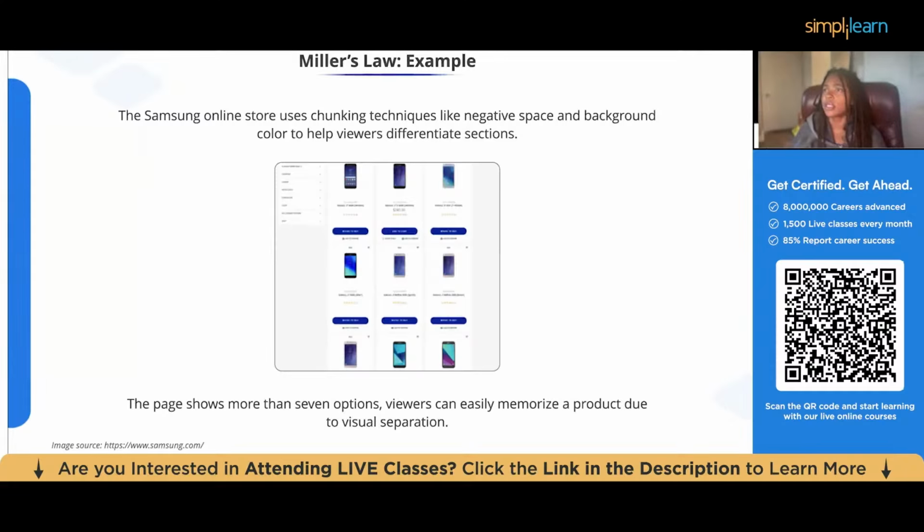An example of that is Samsung's online store, which uses chunking techniques like negative space and background color to help viewers differentiate sections. The page shows more than 7 options, but viewers can easily memorize a product due to the visual separation.